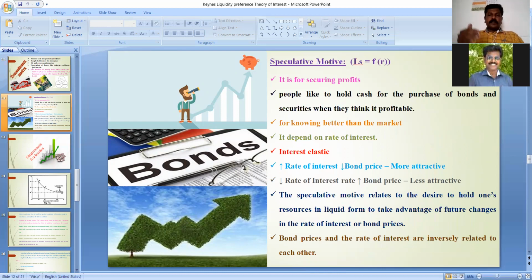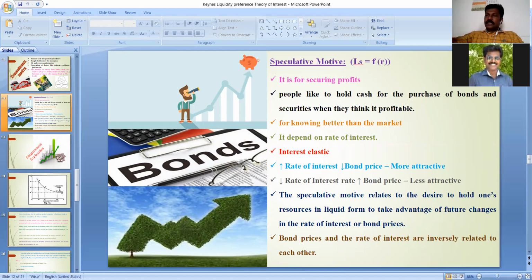When the rate of interest is low, the bond price is high, and that is less attractive. The speculative motive relates to the desire to hold one's resources in liquid form to take advantage of future changes in the rate of interest or bond prices. The bond prices and the rate of interest are inversely related to each other. As I told you, we take advantage of the changes in the rate of interest.